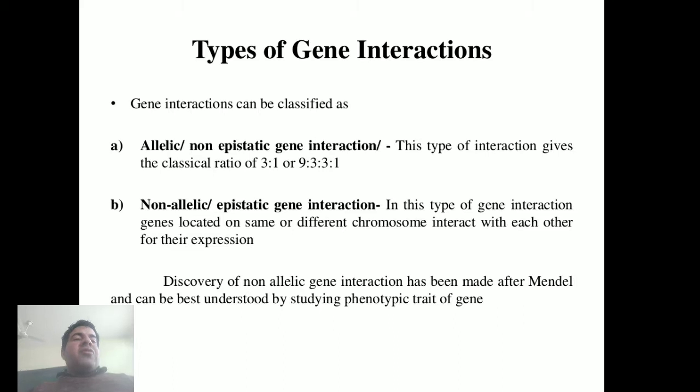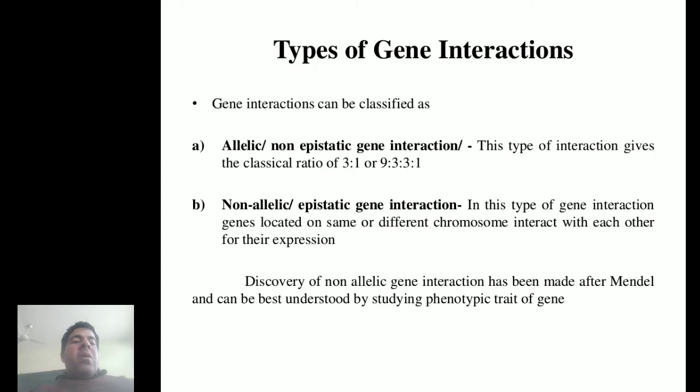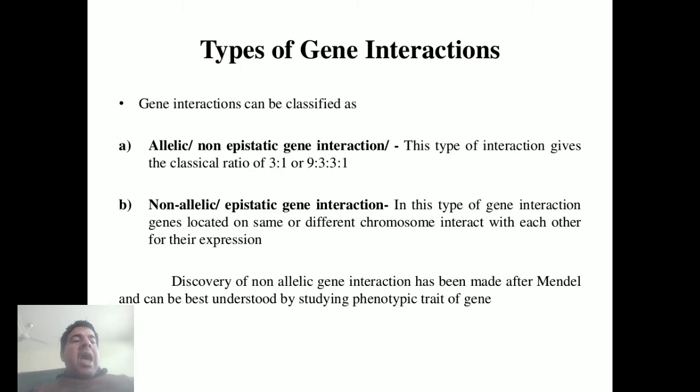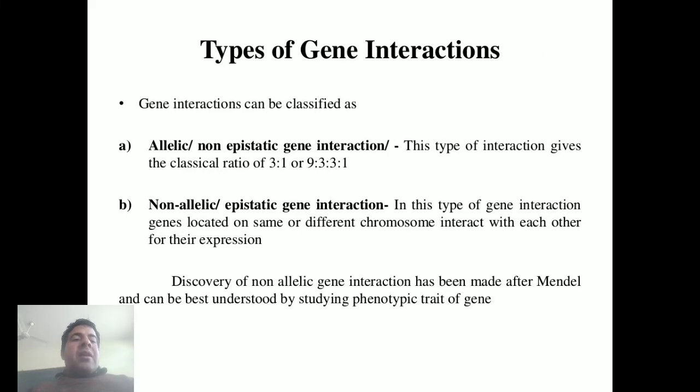In this type, genes located on the same or different chromosomes interact with each other for their expression. Discovery of non-allelic gene interaction was made after Mendel and can best be understood by studying phenotypic traits of genes.